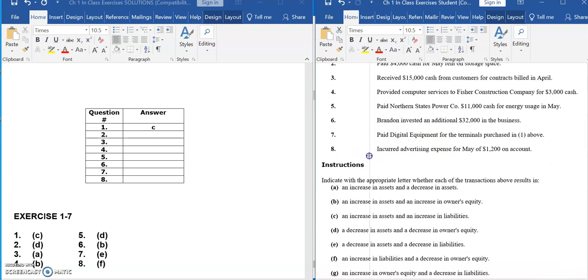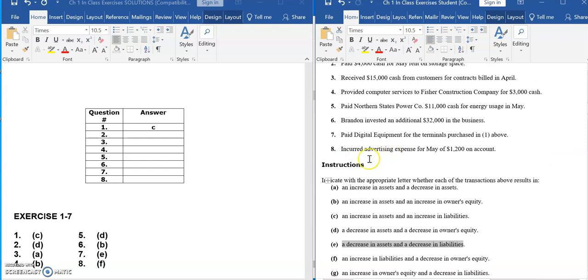Finally, number 8, we incurred advertising expense for the month, $1,200 on account. We incurred an expense. Expenses have gone up, causing owner's equity to decrease. That advertising expense has not yet been paid because we incurred it on account, which means our liabilities went up as well.